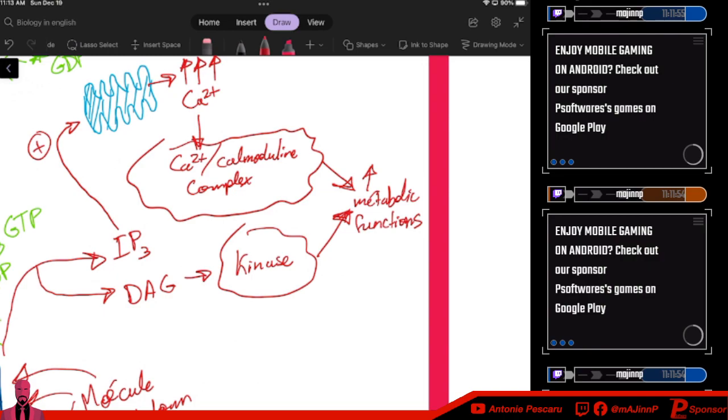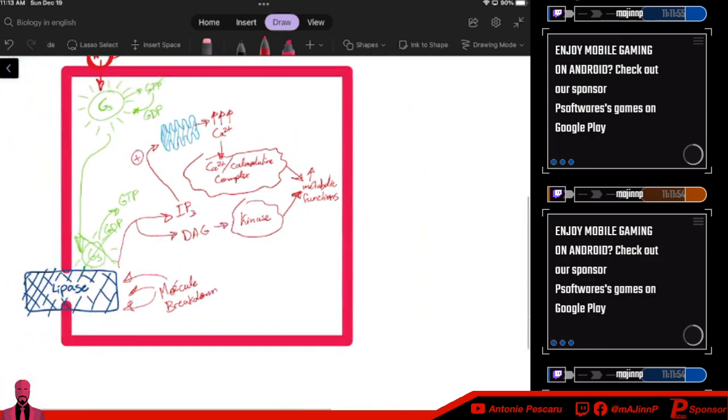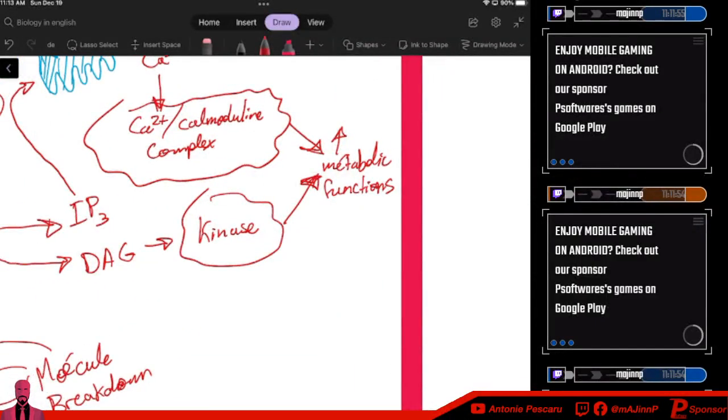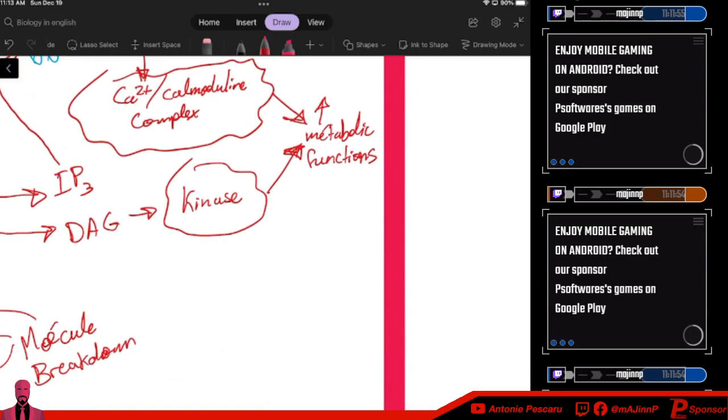And these metabolic functions are going to separate into two pathways, right? The first pathway is going to stimulate our channel, our protein channel. This is a calcium protein channel.